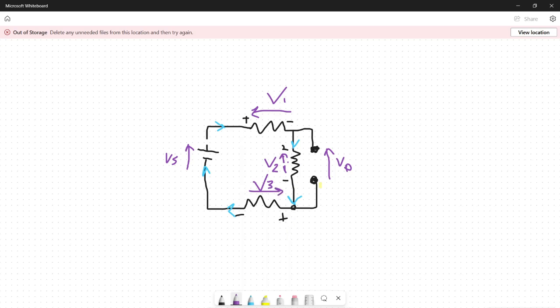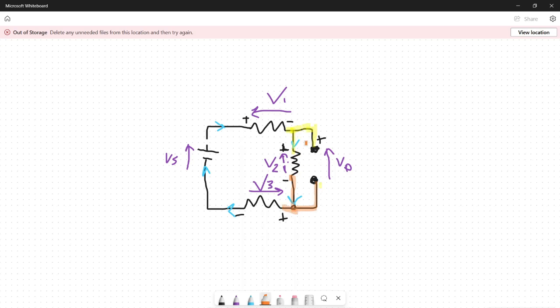Now you notice that once again, the potential here will be the same as the potential here because they share this entire branch. And then the potential here will be the same as well.